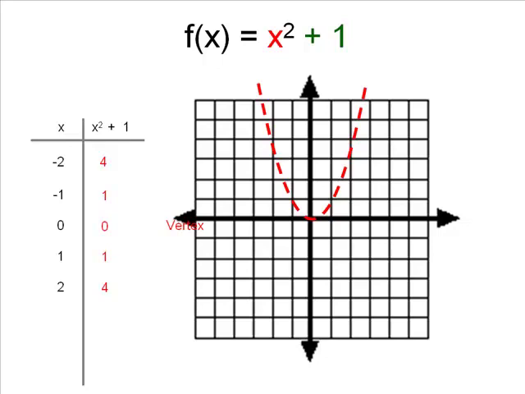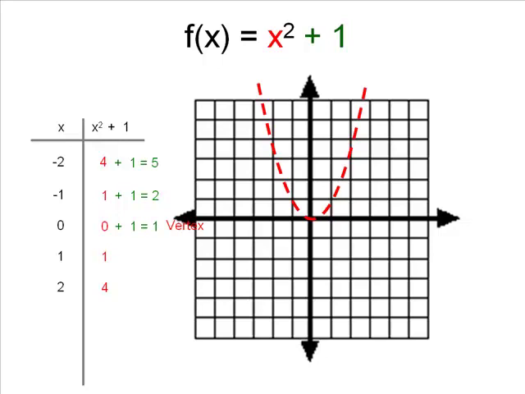What this says is f of x equals x squared plus 1. To all the x squared values, we want to add 1. We add 1 to 4, and 4 plus 1 is 5. We add 1 to 1, and 1 plus 1 is 2.